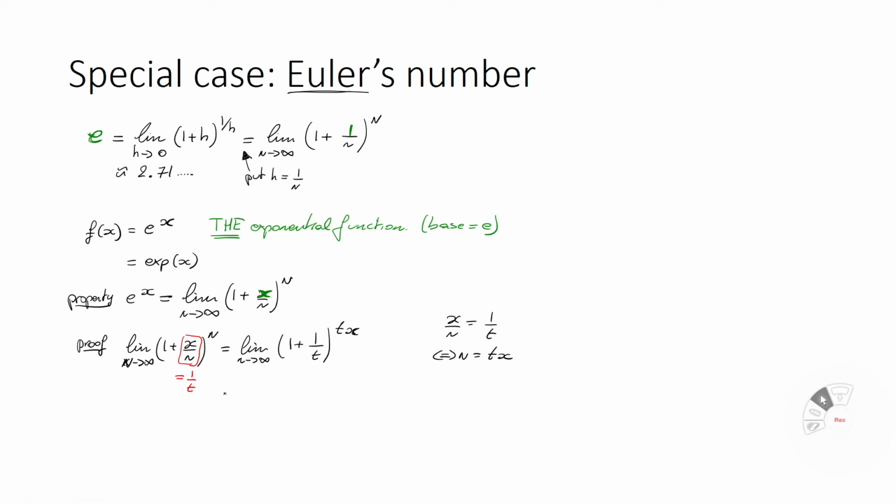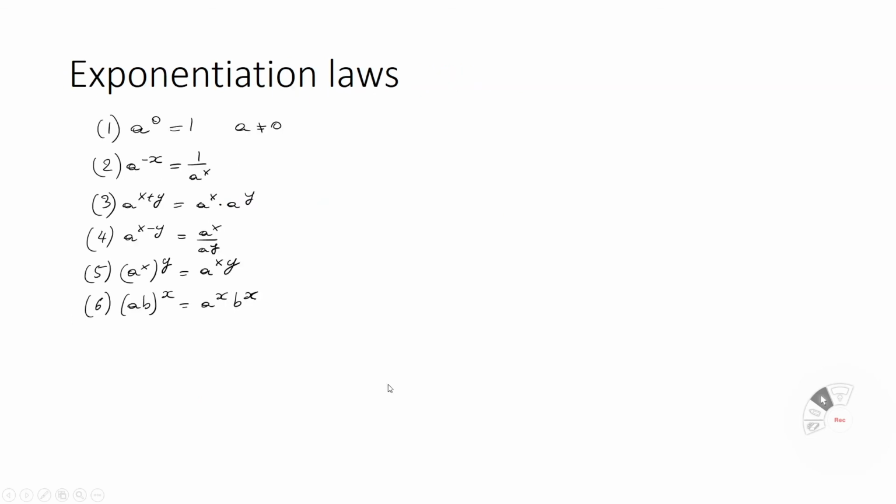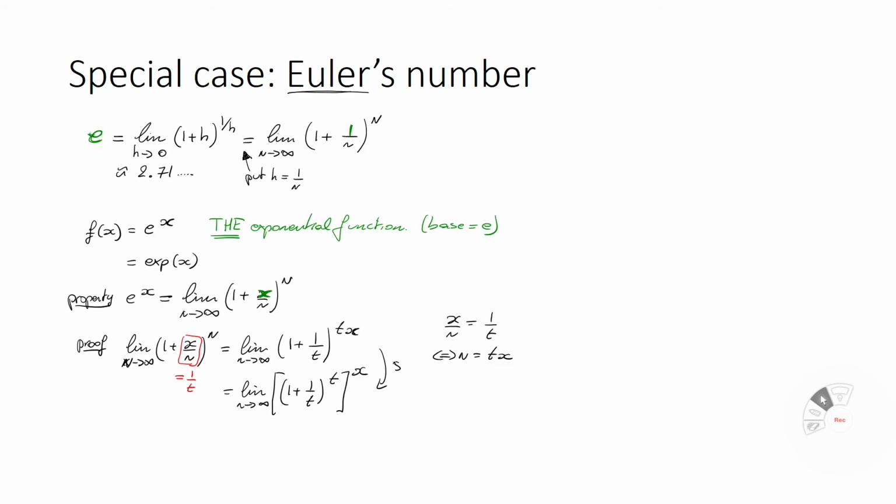And so now we use our rules for powers. First of all, we can write this as (1 plus 1 over t) to the power t, and then again to the power x. That's the rule here, the repeated exponentiation.